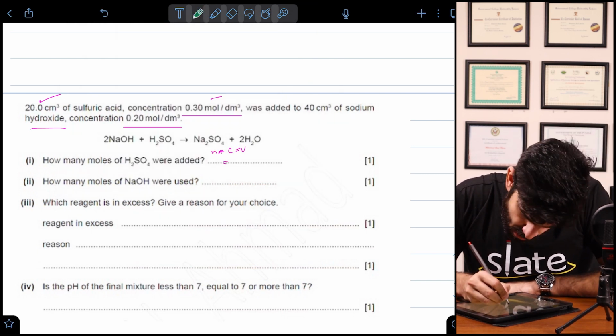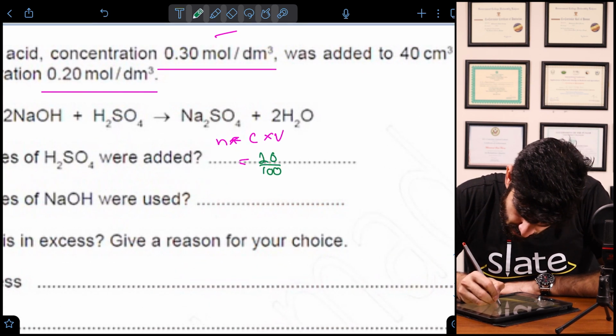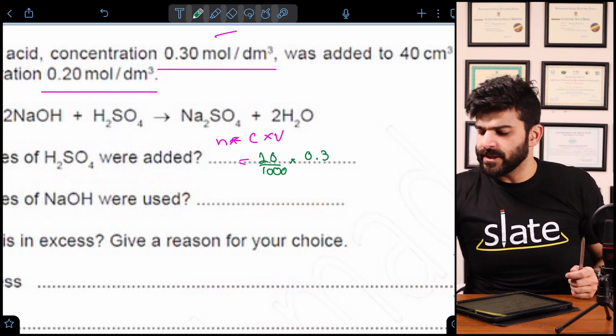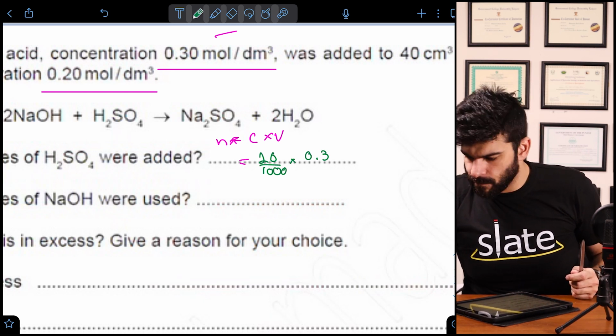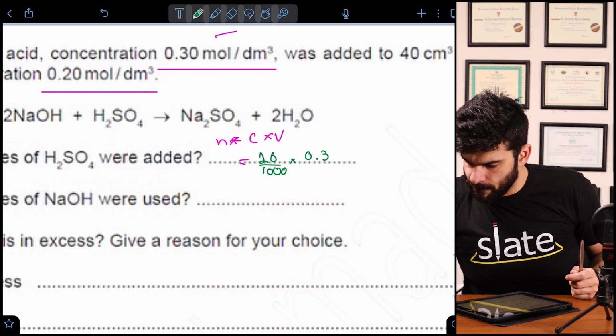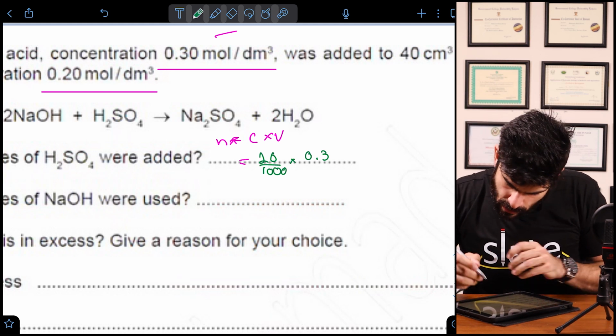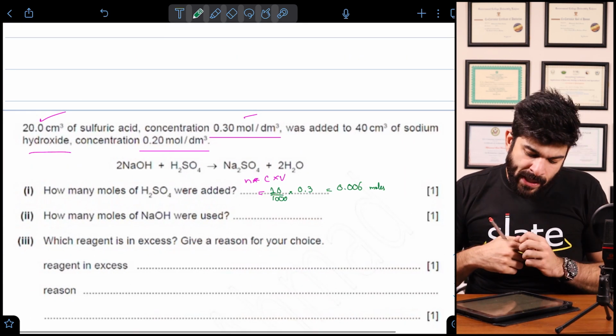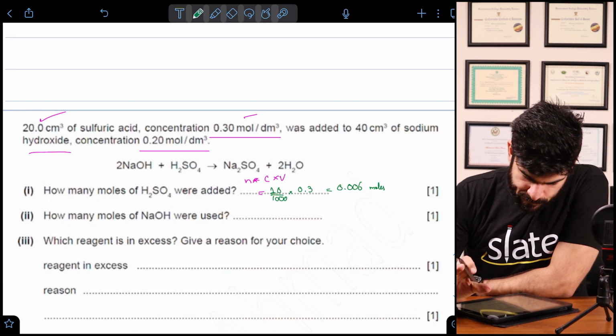So added moles are 20 divided by 1000 multiplied by 0.3. So let's calculate it. So the answer is 0.006 moles. How many moles of NaOH were used?